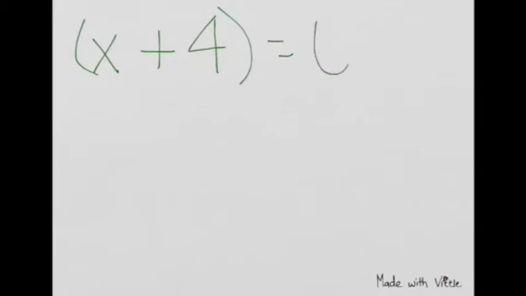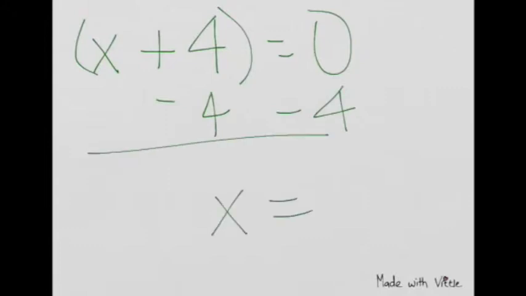You don't want the denominator to equal 0 because then the entire thing would just be incorrect. So x plus 4 is what you have. You're going to set that equal to 0, subtract 4, and then you'll get x equals -4, which is your restriction.